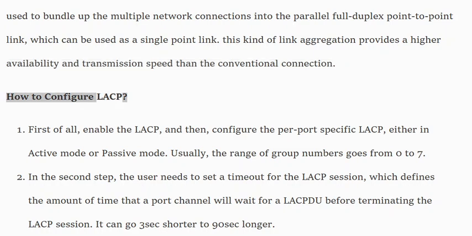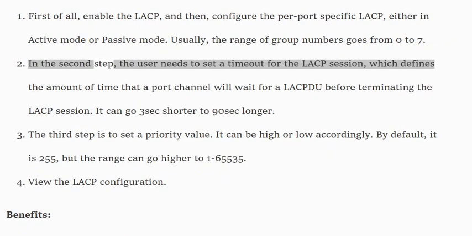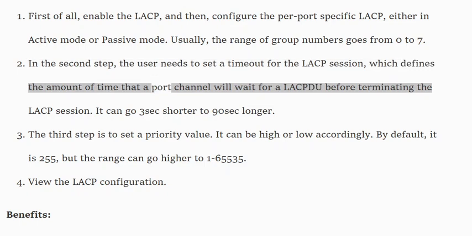How to configure LACP? First of all, enable the LACP and then configure the per port specific LACP either in active mode or passive mode. Usually, the range of group numbers goes from 0 to 7. In the second step, the user needs to set a timeout for the LACP session, which defines the amount of time that a port channel will wait for a LACP before terminating the LACP session.